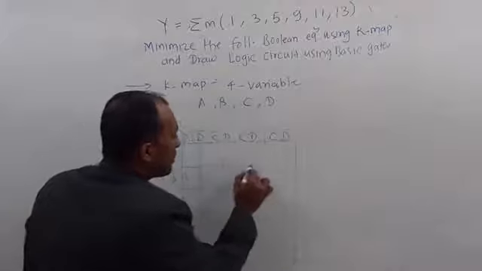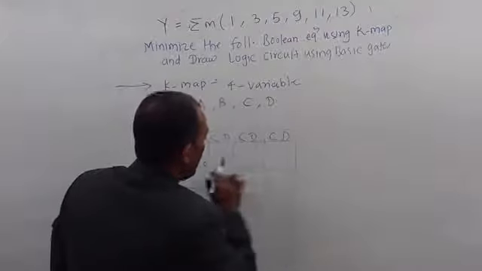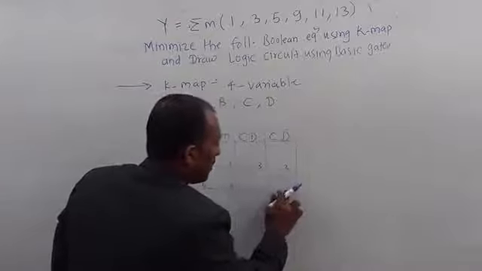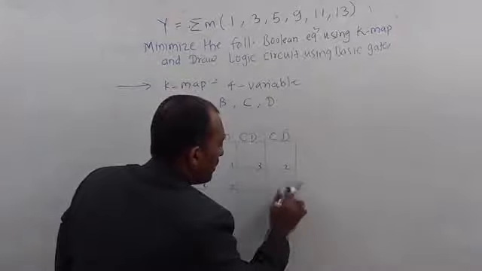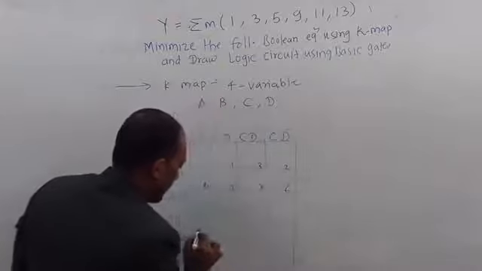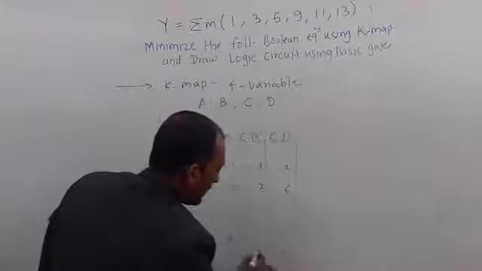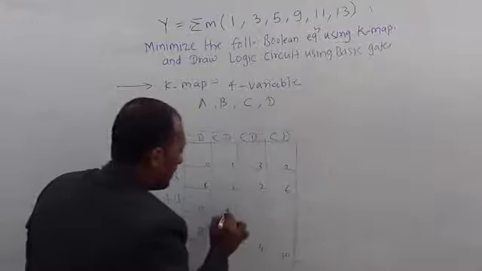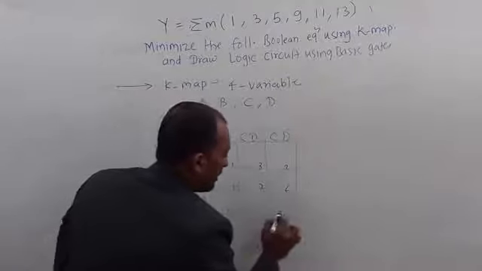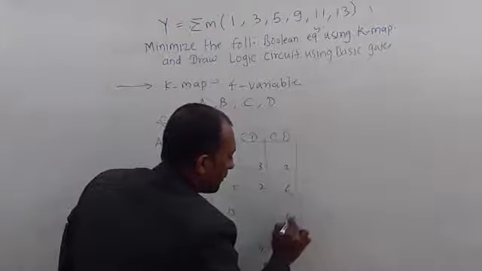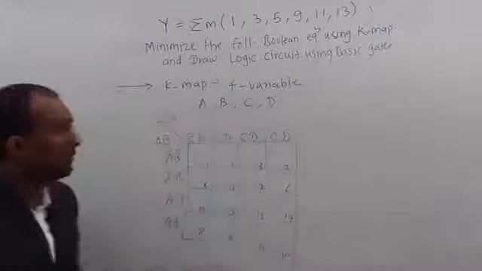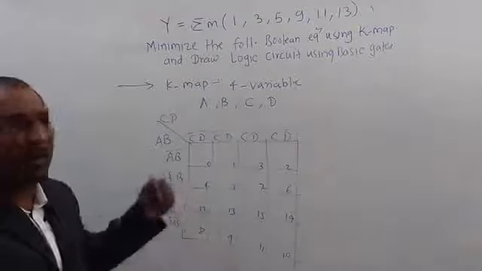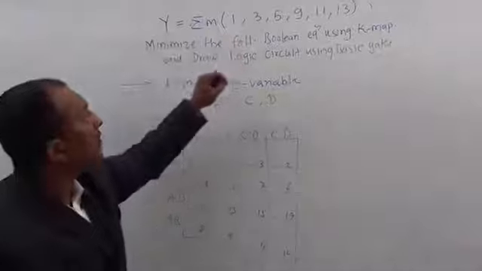These are the positions for the K-map: 0, 1, 3, 2, 4, 5, 7, 6, 12, 13, 15, 14, 8, 9, 11, 10. So these are the min term positions for the K-map.